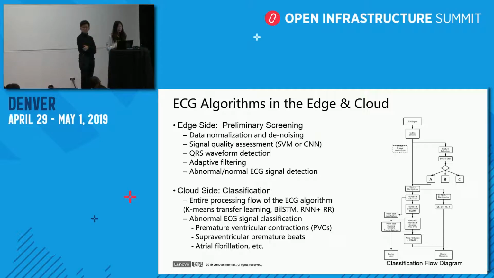And in the cloud side, we have the deep learning models for classification. The cloud side application has the entire processing of the ECG algorithms, which is shown in the right picture. Also, we can recognize different abnormal ECG signals like PVCs, supraventricular premature beats, and atrial fibrillation, etc.